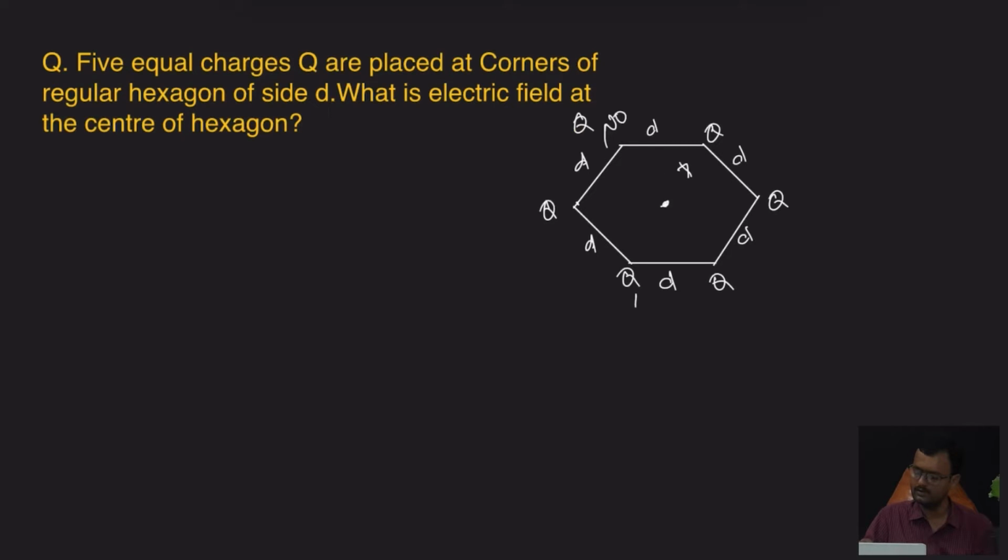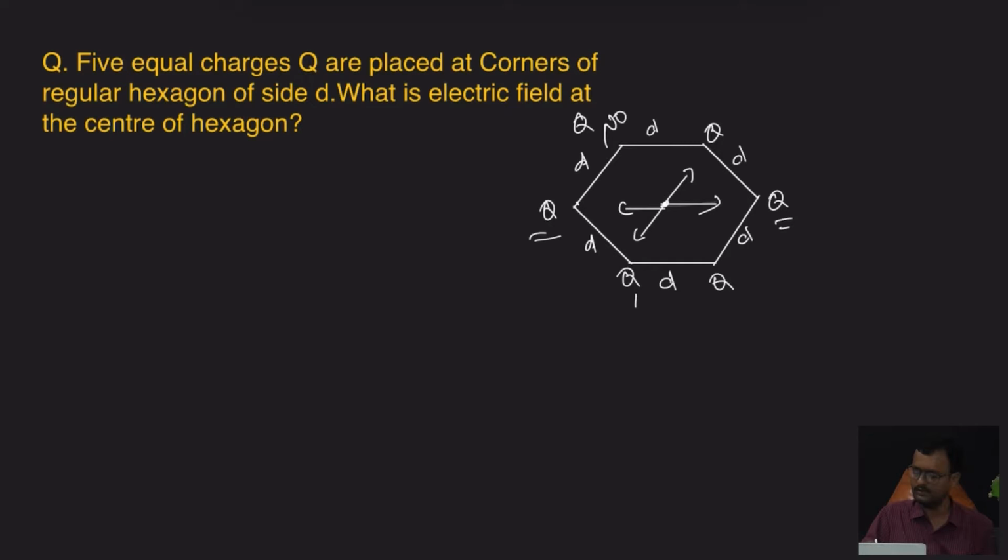This q repels along this direction. There is exactly opposite q charge, so this also repels along this direction, and this q repels along this direction, and this q along this direction.